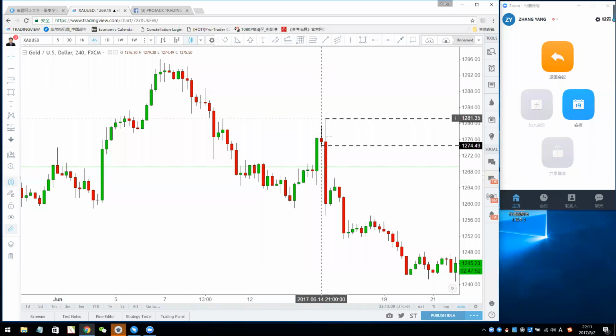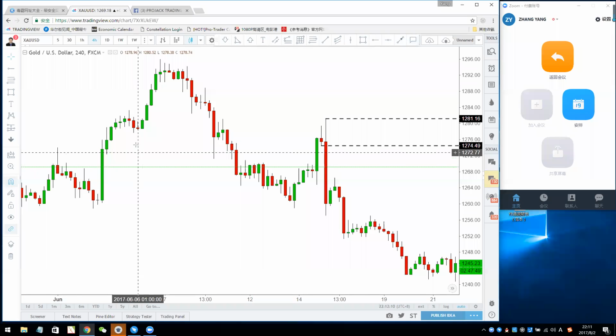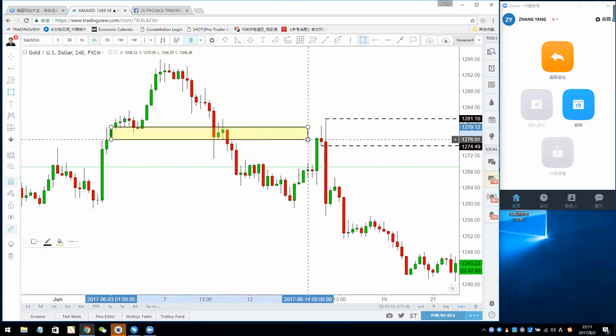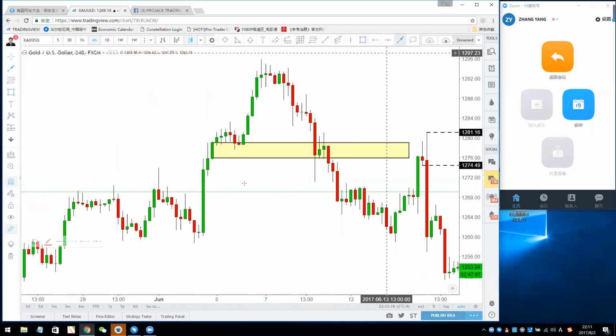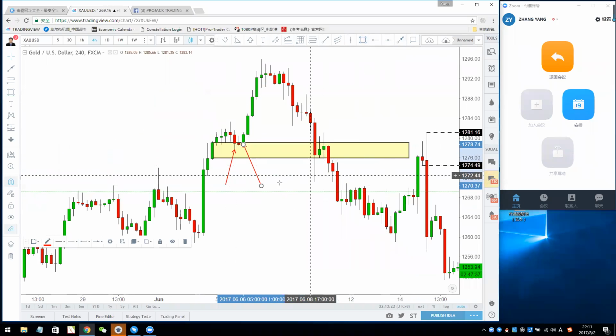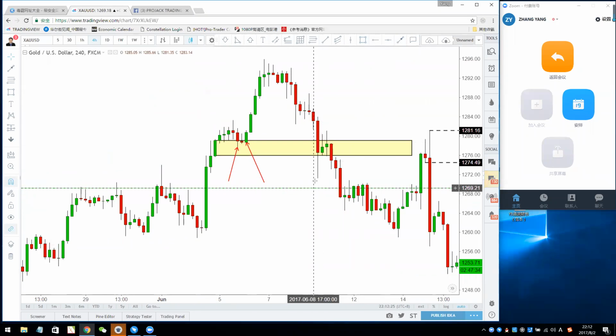Because this zone was previously the structure for the gold, support for quite a long time, which is here. You can see the price has held very nicely, still support because it's a pin bar, didn't close below.